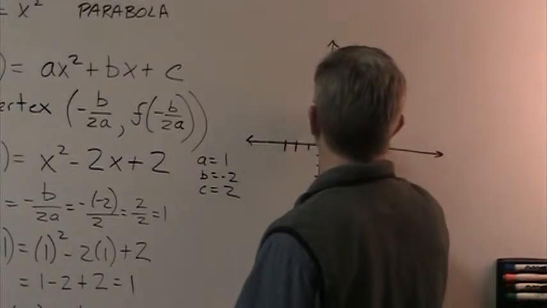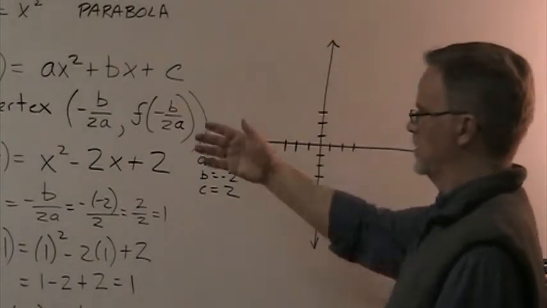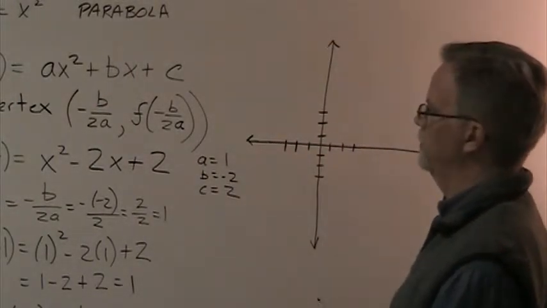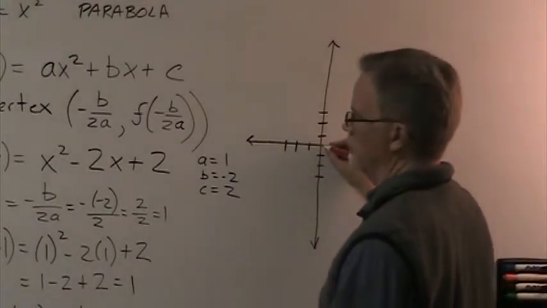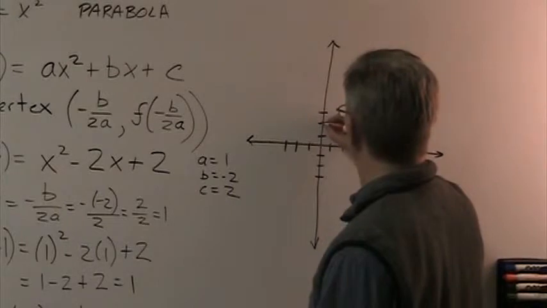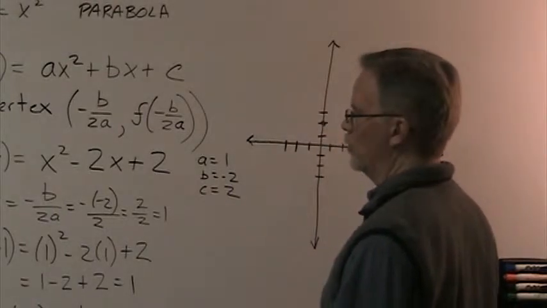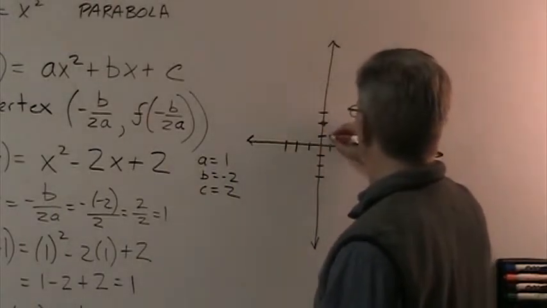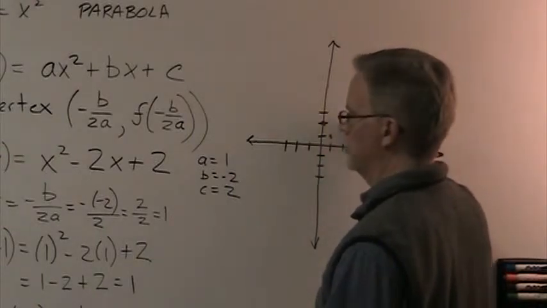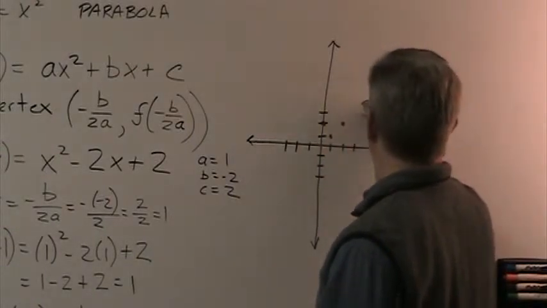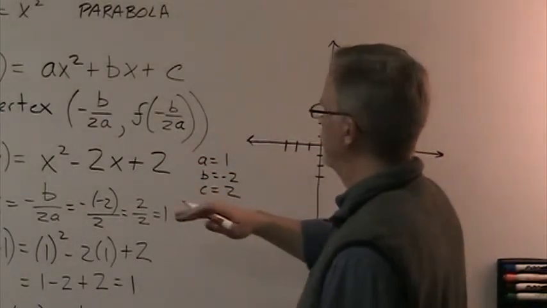We've got some that are very high, but let's just focus on the ones that are very close here. At 0, y is 2. At 1, y is 1. At 2, y is 2. At 3, these are y values.